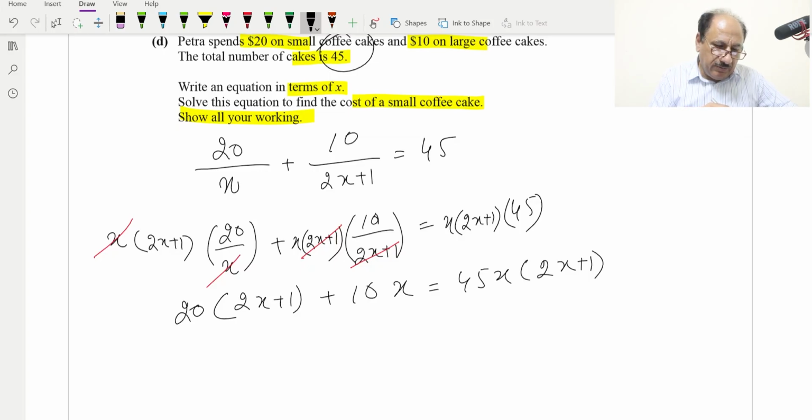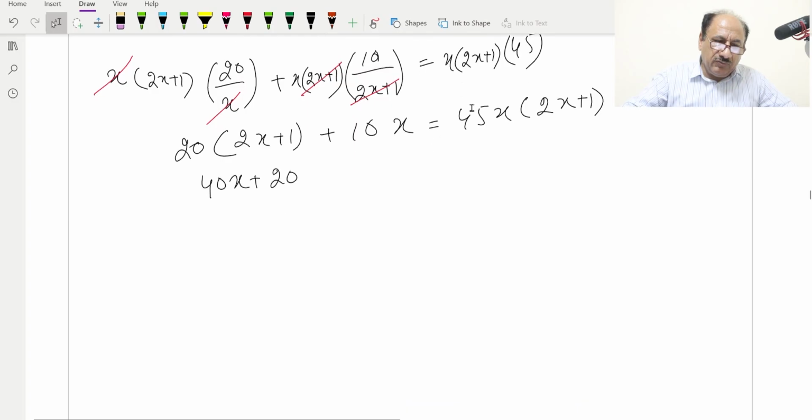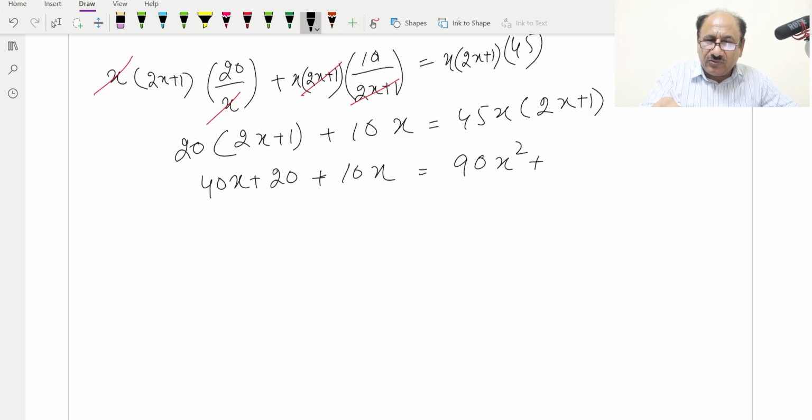We can multiply this as 20 into 2 will be 40. So 40x plus 20, and this will be plus 10x is equal to 45 into 2 will be 90x squared and plus 45x. So this will be our equation. Now we can send everything to one side.